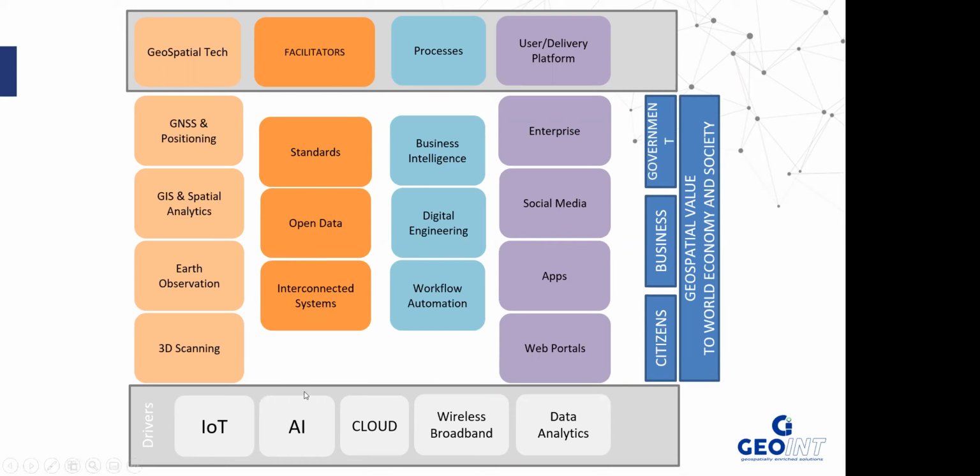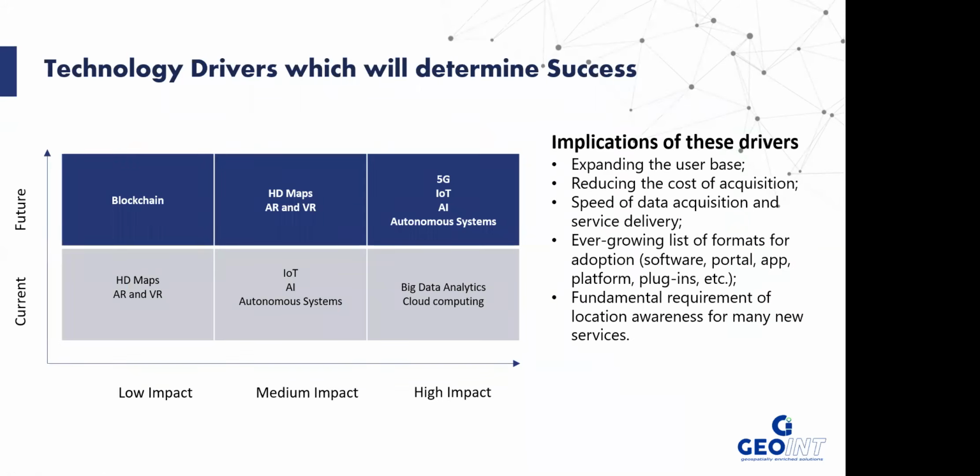I want to spend some time talking through how machine learning in particular, some of it applied in cloud environments, but definitely all of it talking to big data analytics on Earth observation and geospatial data, is being used to provide geospatial value to the world, the economy and society. Now, some aspects of the technology drivers which determine success, and the implications of these: number one, we're seeing an expanding user base.